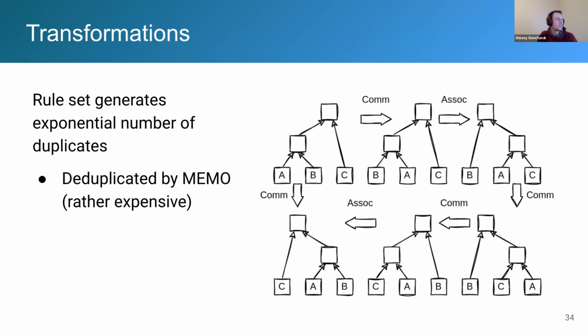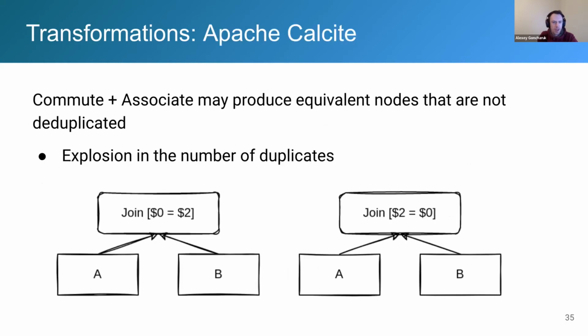For example, in this picture, you can see that if I start with the top-left tree and then apply different rules, I will get to the same plan twice. In practice, since rules are fired for each of the relations in MEMO, the number of duplicates also grows exponentially, which is not very good for performance.